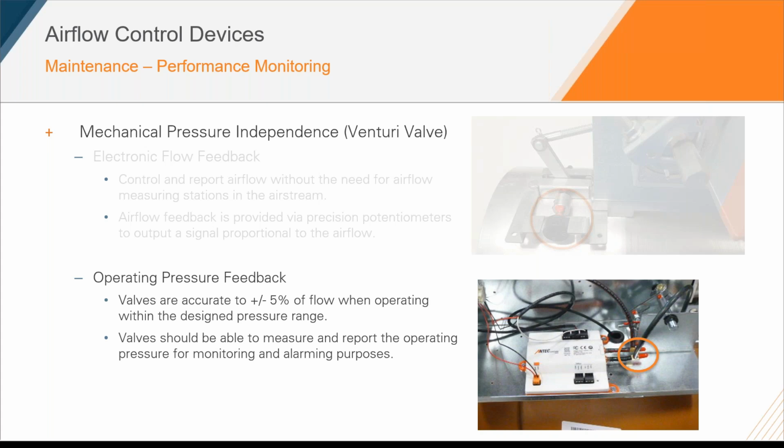So if we're no longer operating at design pressure, if it's too low or too high and outside of the published range, we no longer can maintain that same 5% accuracy. So in this case, it's really important for that venturi valve to be able to measure and report that operating pressure so you can now monitor and alarm for it through your building management system.